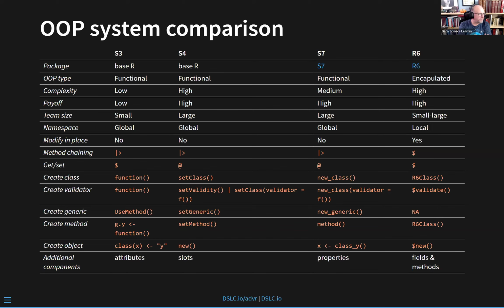The property you present to the user can be calculated from something that maybe is stored in an environment or whatever. So you can have components of your object that are kind of hidden versus materialized.